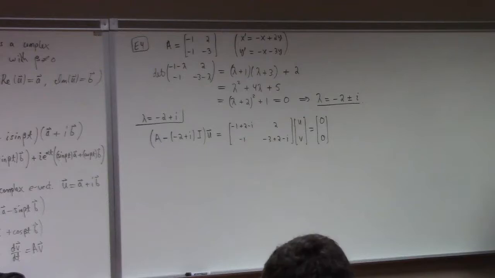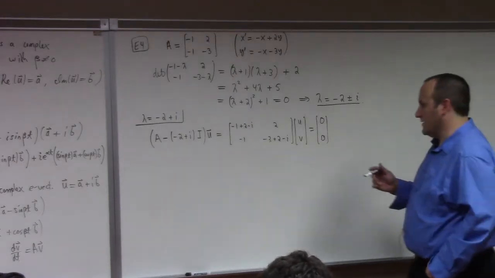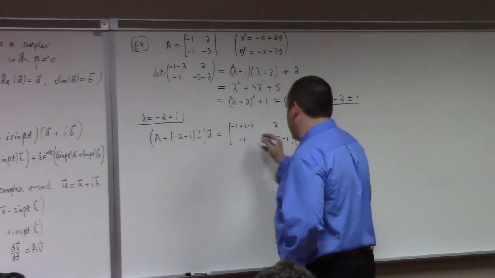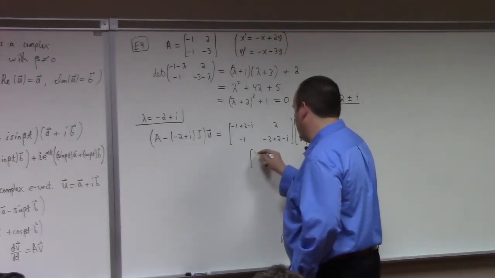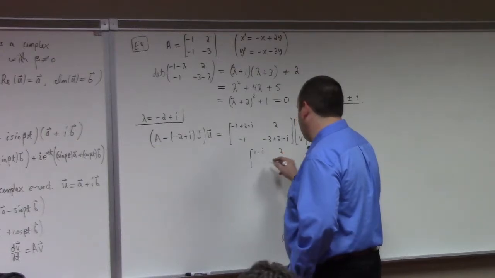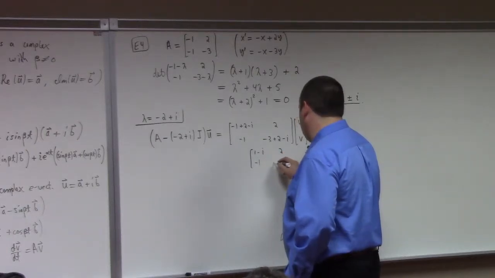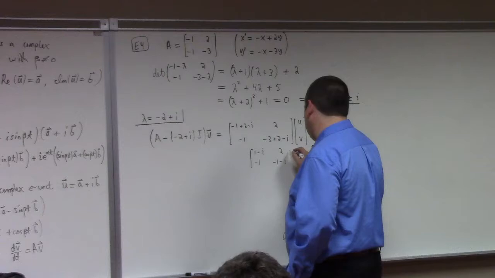If we did this right, they should be the same equation. It's not as obvious in the complex case if you're right or wrong, though, right? I mean, for a real 2 by 2 case, it's kind of in your face. If you're wrong, you can kind of see it. Here, it requires a little bit more to double check your work. What we have here is 1 minus i, 2 minus 1 minus 1 minus i.